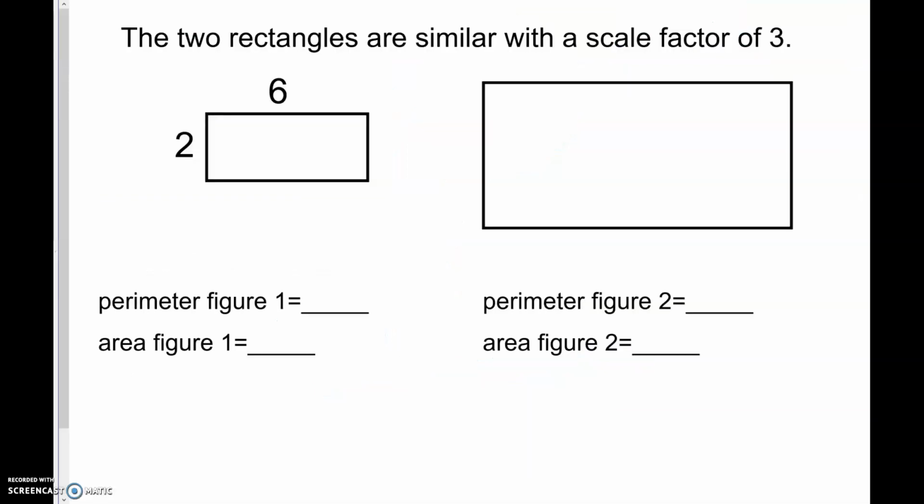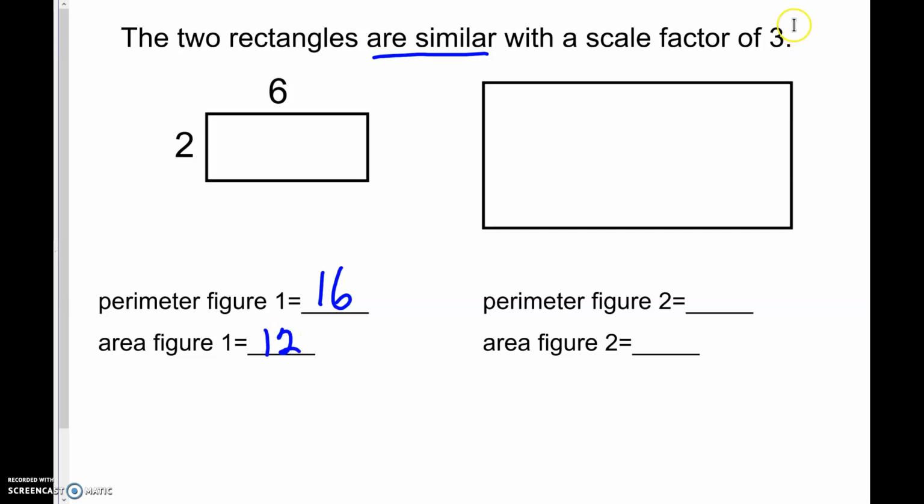Alrighty, let's look at these two, and we are told that these two rectangles are similar and they have a scale factor of 3. All right, what's the perimeter of this first figure? Well, there's a couple ways to do it, but 6 plus 2 is 8, double that, and we get 16. And the area of figure 1, remember area is base times height, so 6 times 2 is 12.